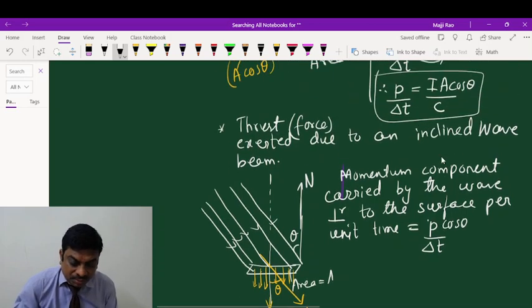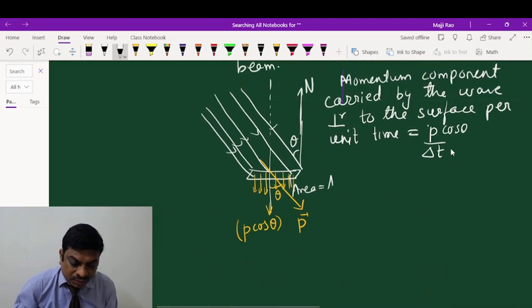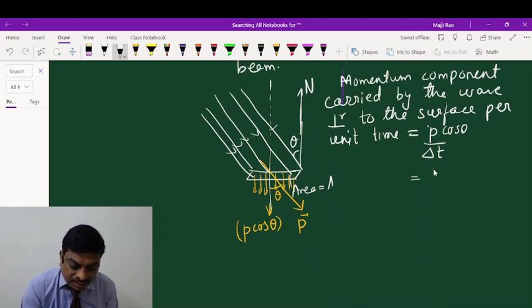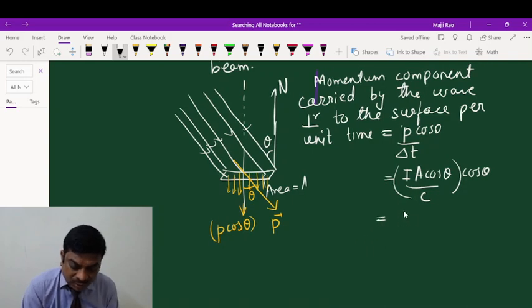But what is p by delta t? We have already found, students. So therefore we can write this as I A cos theta by c into cos theta, which is actually equal to I A cos square theta by c.